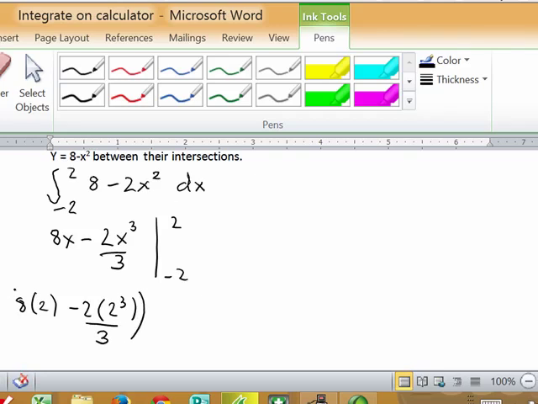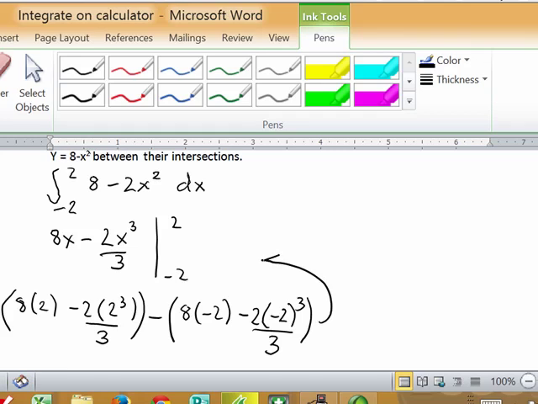So we have that piece, and then minus, now we plug in negative 2: 8 times negative 2 minus 2 times negative 2 cubed all over 3. And if you evaluate that, you may have to plug it in your calculator, but you get 21 and 1/3. So that's the area between the two curves in between the intersection.